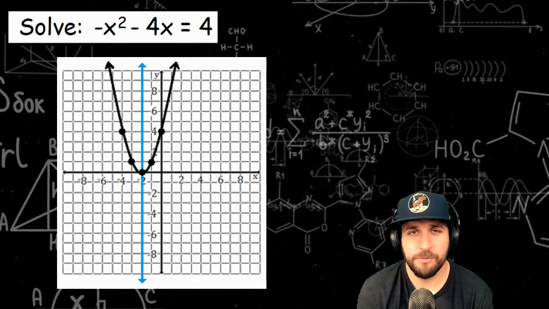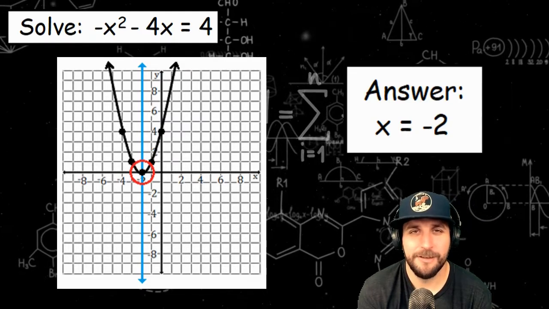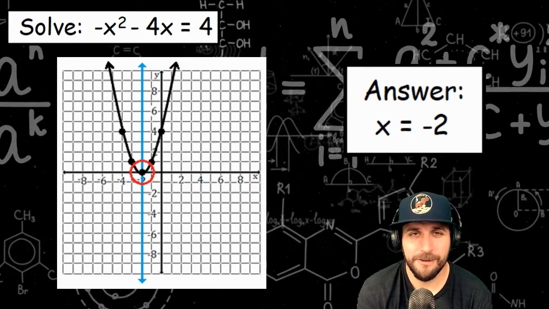So we end up with this parabola here, and it looks like our answer is at x equals -2. That appears to be our only zero.